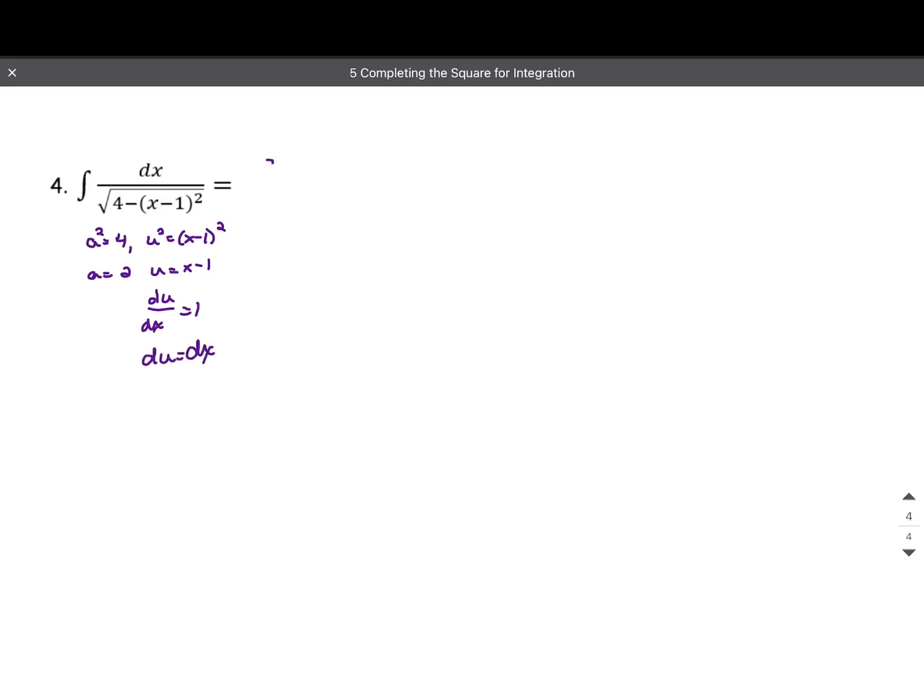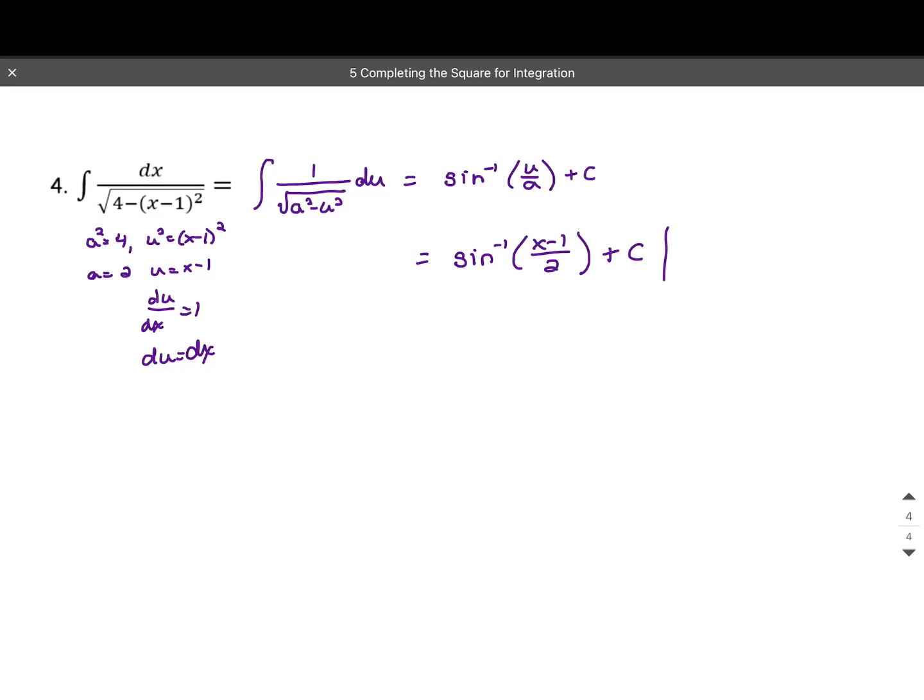Now we can rewrite this as the integral of 1 over the square root of a squared minus u squared du. That's the sine inverse form. So the rule for sine inverse is sine inverse of u over a plus c. Now we substitute back in sine inverse. Our u is x minus 1, and our a is 2, plus c. And there we go, my dears.